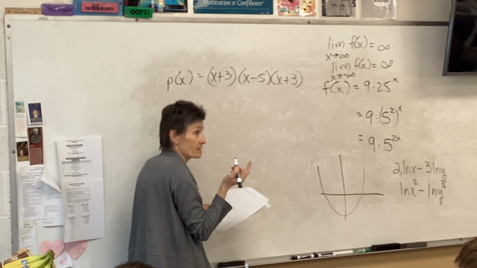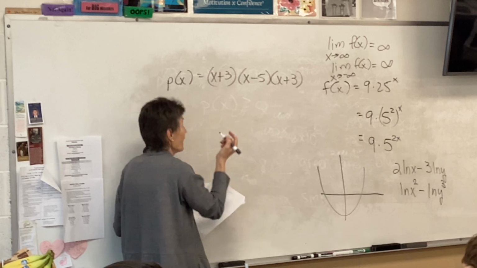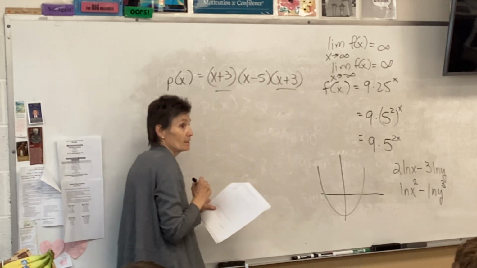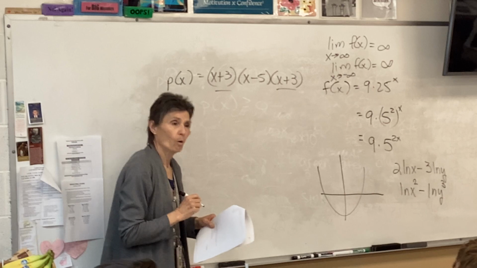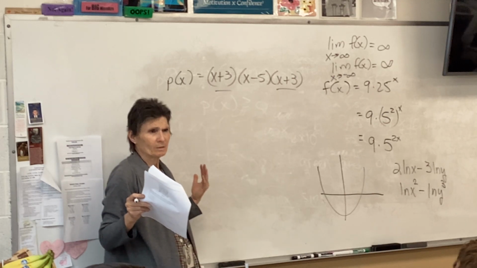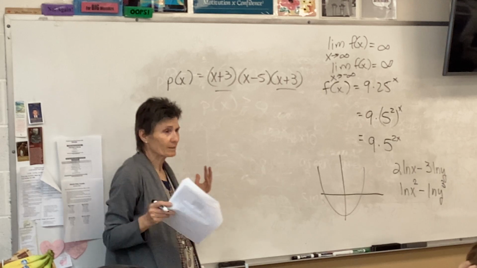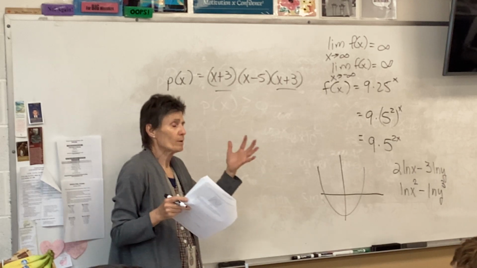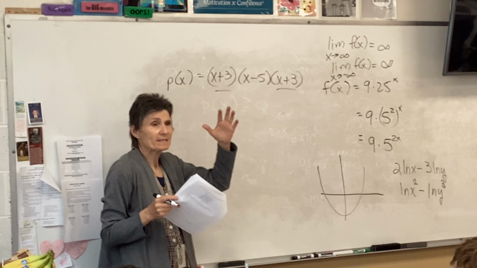So what do we notice? We have a root, that's not a hole. How do we get holes? Cancel, right? Can't cancel on a polynomial. Okay, we have a double root.